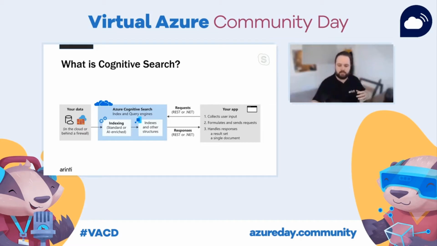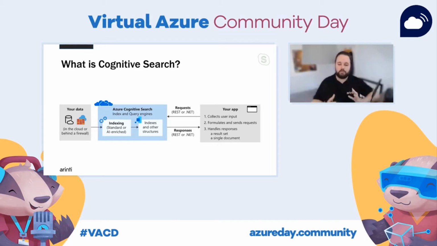As you might see here in the slides, we have your own data that is based in the cloud or saved behind a secure place. We will index the data, all the text that is in there, the images that are in there. And then because of the query engines, we will be able to use Lucene queries on it to get data out of it in a more natural language way.